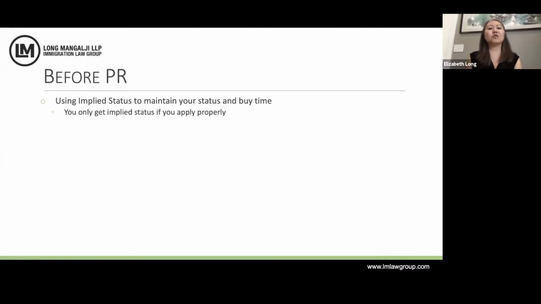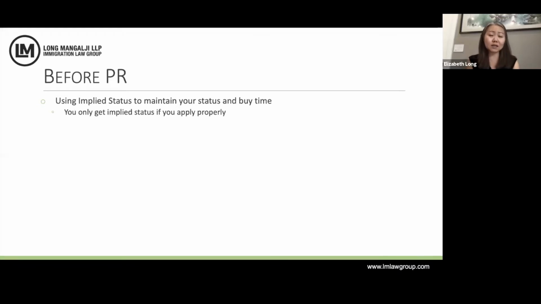In any of those three categories, there is going to be a time on your document when your status will end in Canada. That's why it's called temporary. And if you wanted to stay in Canada beyond that time, then what you have to do is file an extension of your status before the validity date ends, okay?